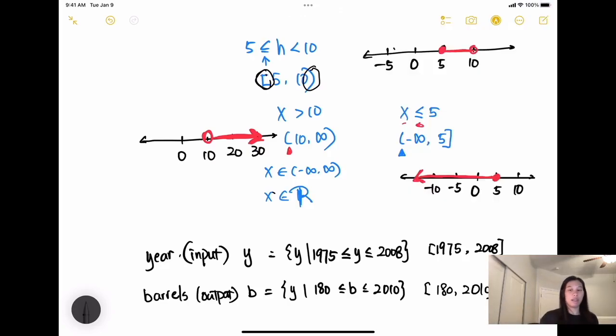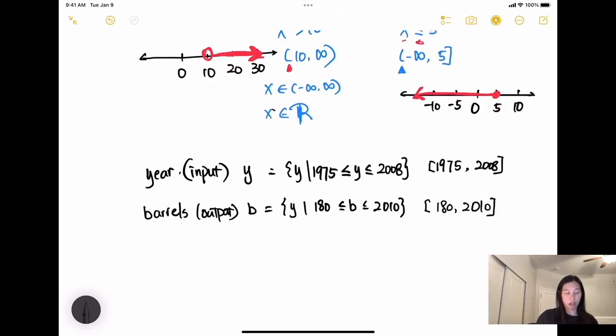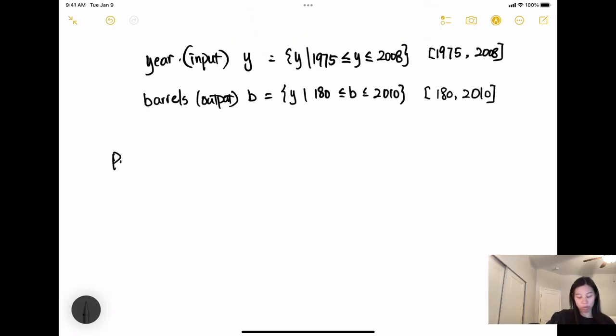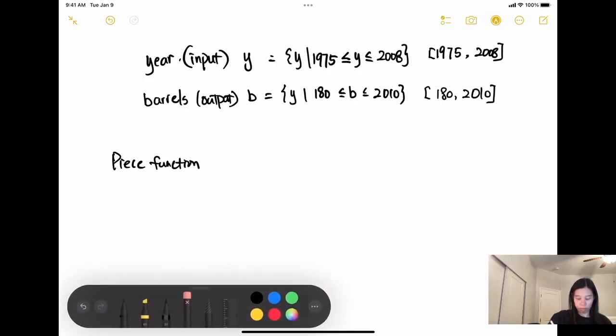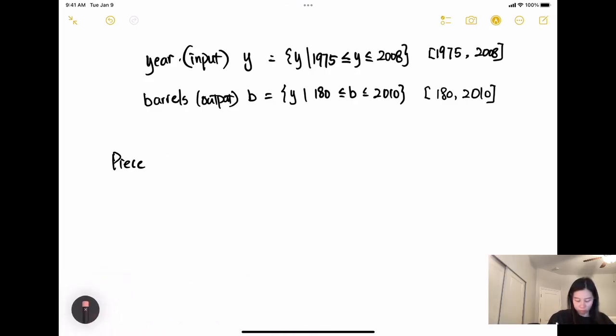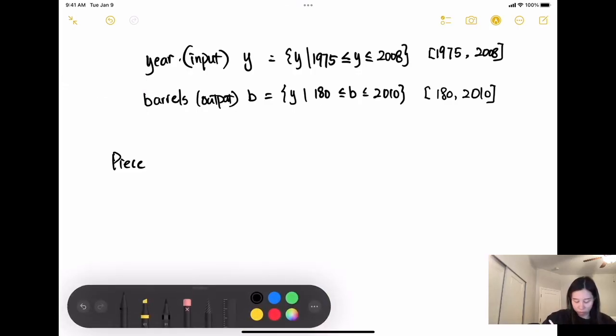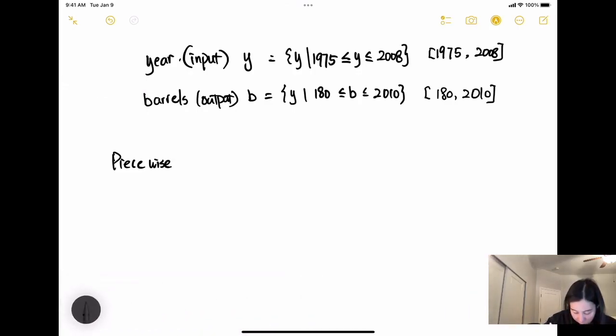Okay, so the last part of this section I want to talk about is piecewise functions. A piecewise function is a function in which the formula used depends on the domain.